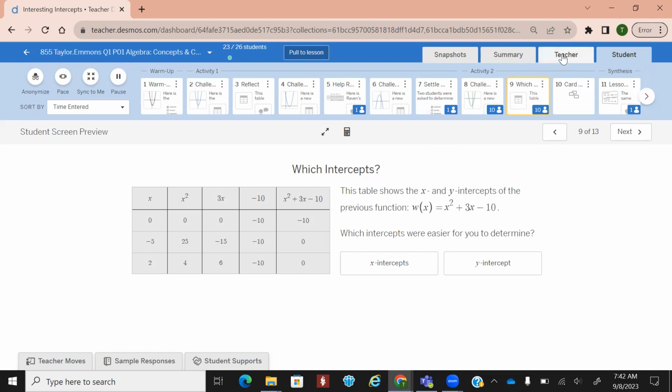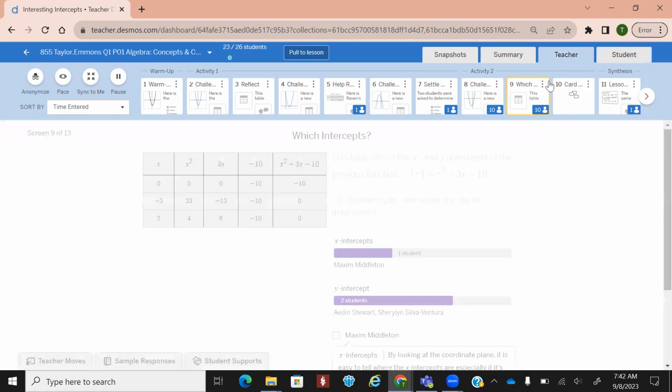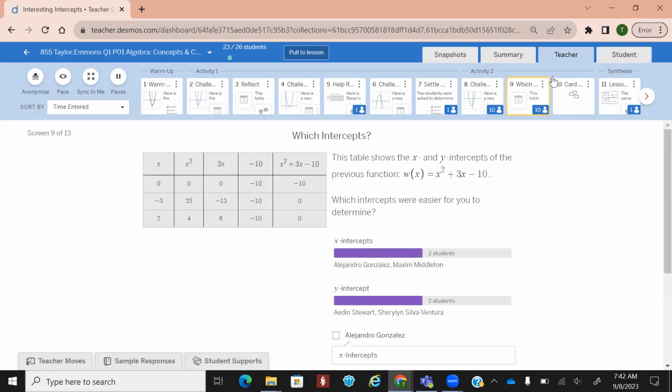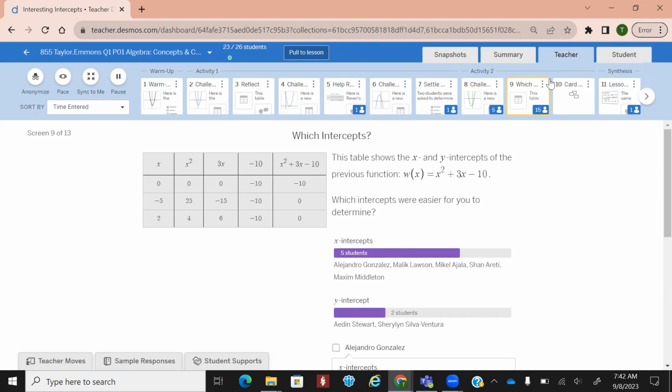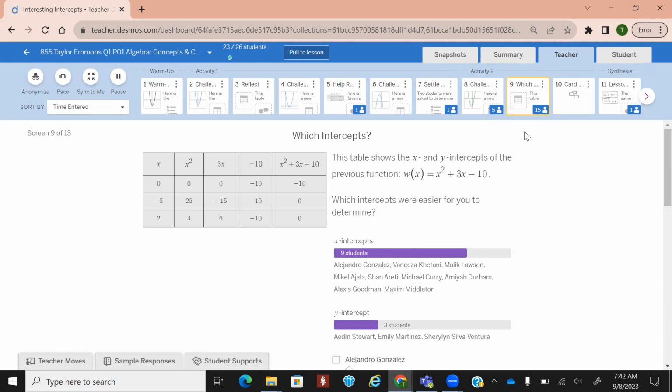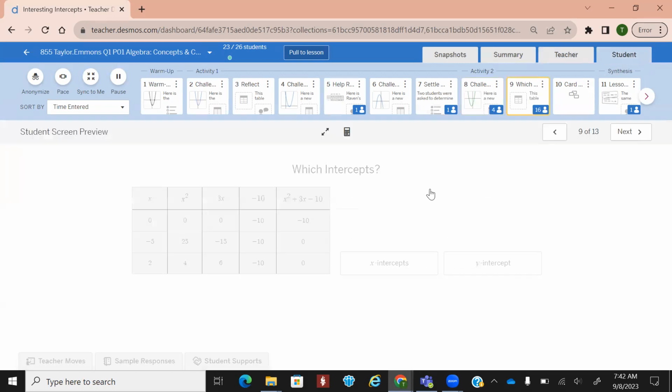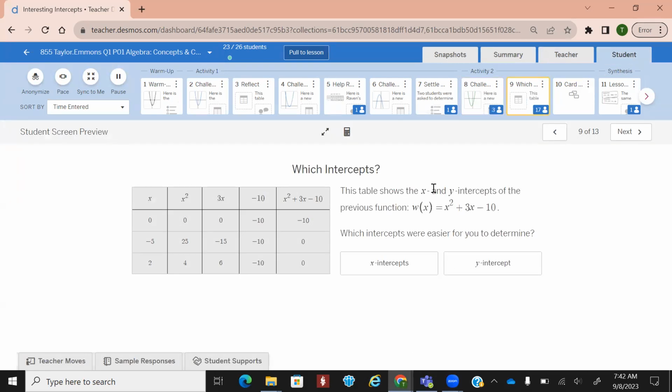Click one. So some of y'all are saying x-intercept. I personally believe y-intercept just because all you have to do is plug in a 0. The other one we had to do like 3 steps.